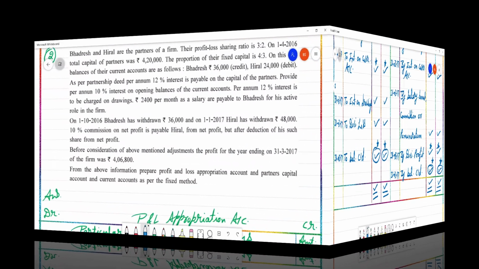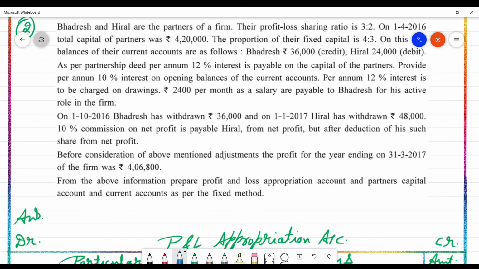Okay students, let's start second sum, which is a long sum and taken from the GSCB books. So here two partners are given, Bhadresh and Hiral, and their profit and loss sharing ratio is 3:2. On 1st April 2016, total capital of partners.